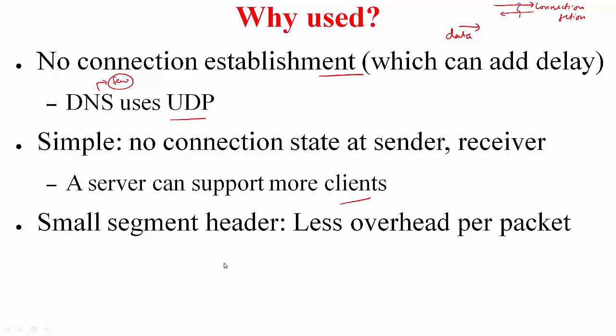It's just 8 bytes. That means the amount of overhead you are incurring per packet is also very less. On the contrary, the TCP header is 20 bytes and even more if it supports options, which leads to a lot more overhead.